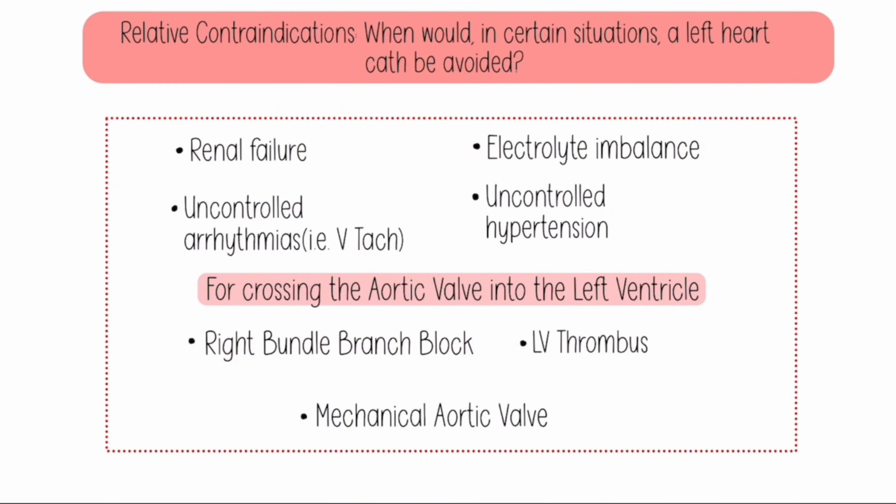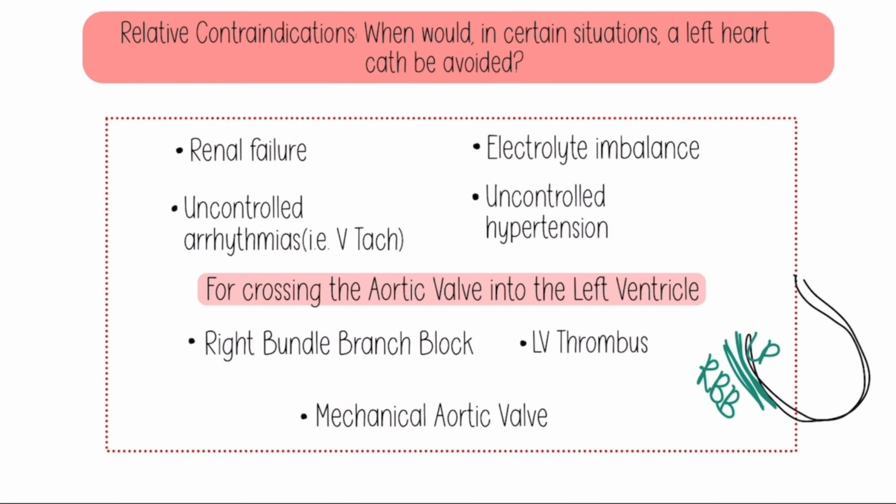Now, for crossing the aortic valve into the left ventricle, this is something I bring up because it's not really related to the coronary artery engagement themselves. A right bundle branch block. We talked about this with the right heart cath, but there left bundle branch block was the issue. If they have an existing right bundle branch block and we are crossing into the left ventricle, remember our conduction system runs in the interventricular septum, so you have the right bundle branch and the left bundle branch.